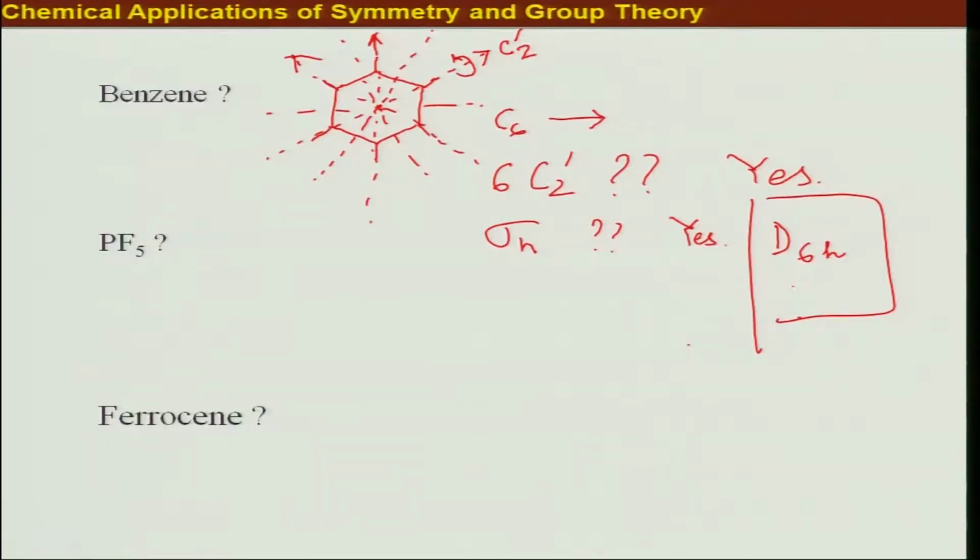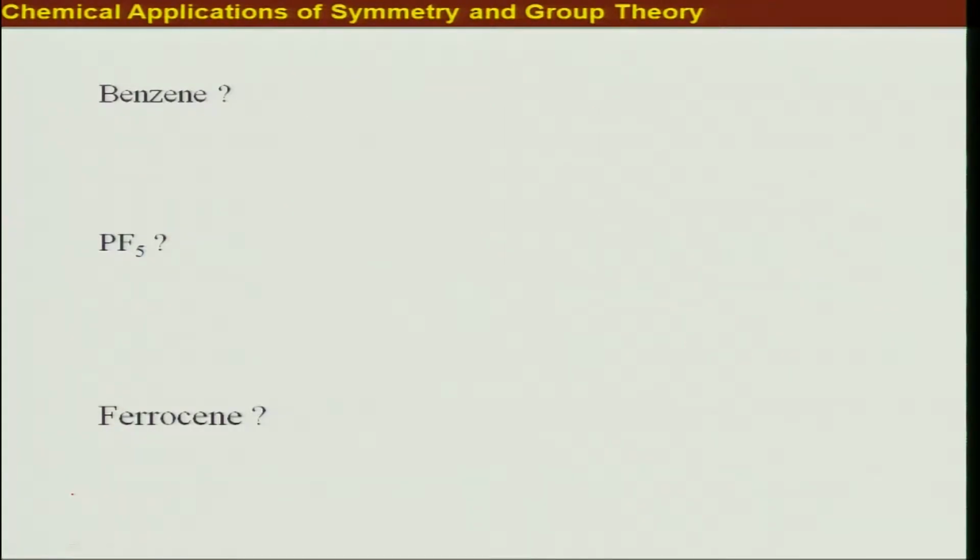So now let's move on to some other molecules again. PF5, that must be by now very easy for you, right? PF5, what will be the structure? The first structure we can think of is a trigonal bipyramid. Okay, so let me erase the rest of the part.